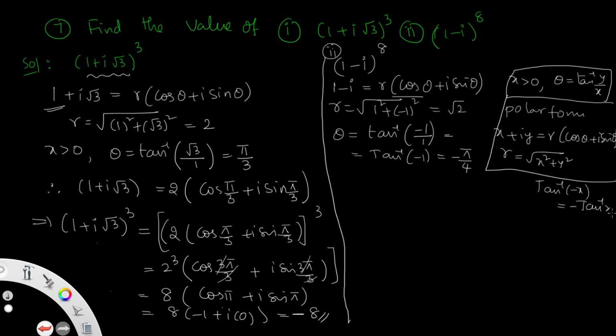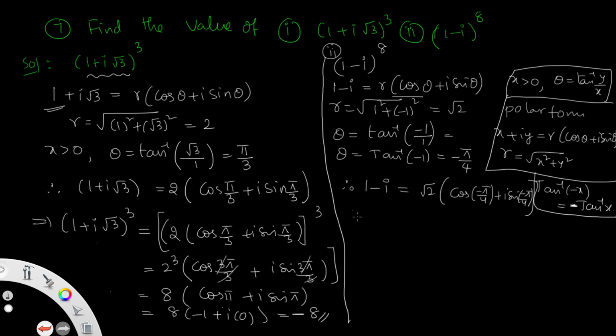Don't forget that. Tan pi by 4 is 1, that is minus pi by 4, so we write theta. Therefore, the complex number in modulus amplitude form is root 2 into cos of minus pi by 4 plus i sin minus pi by 4.